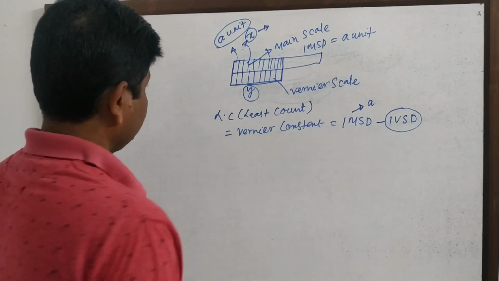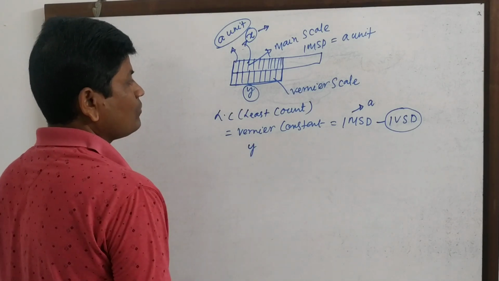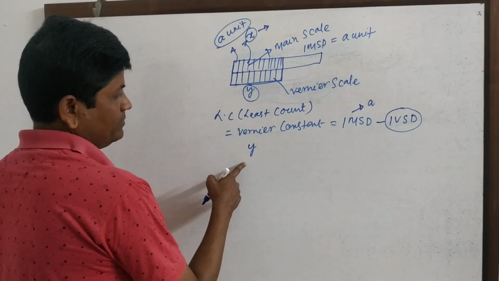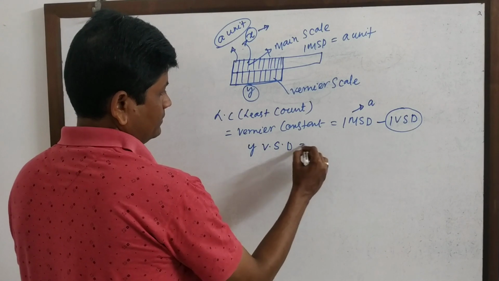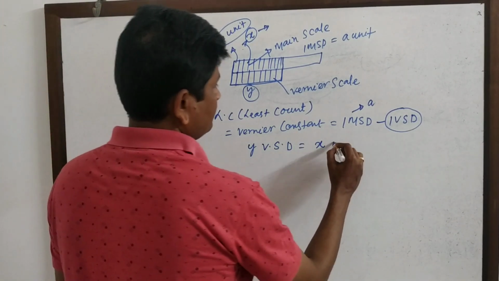We know the length of Y divisions of the vernier scale is equal to X divisions of the main scale.